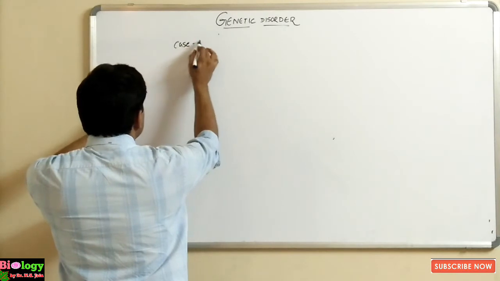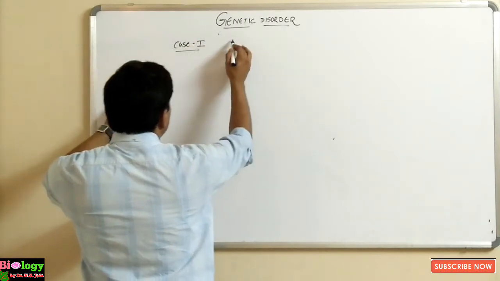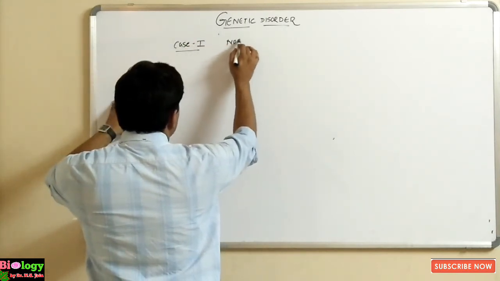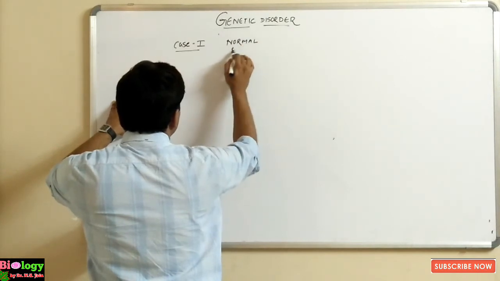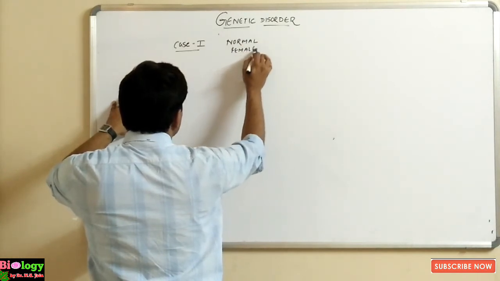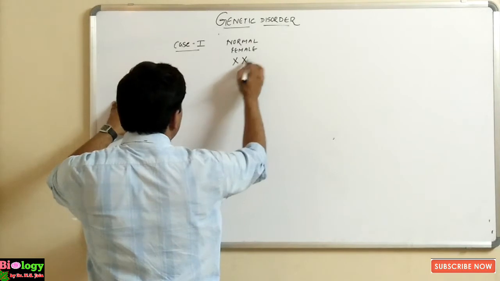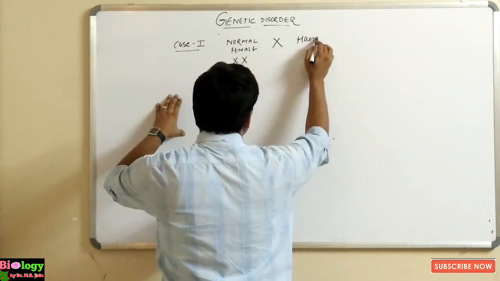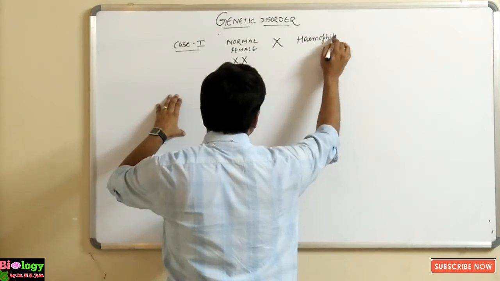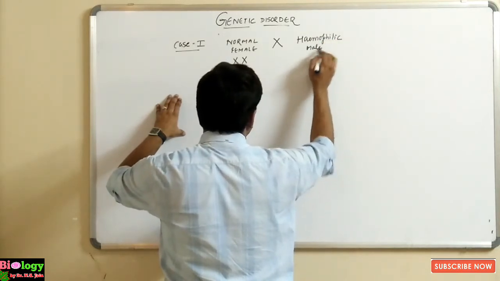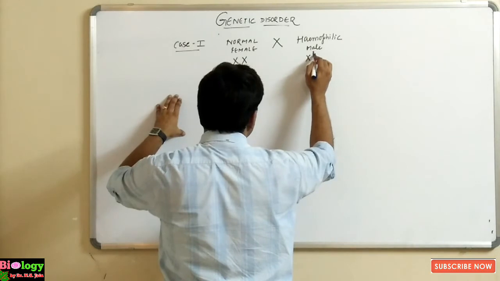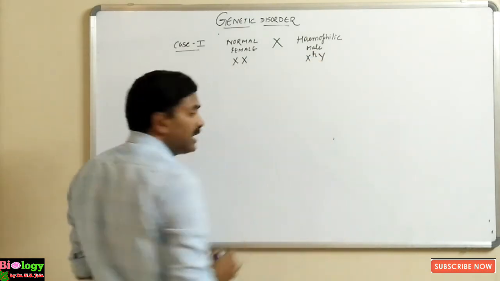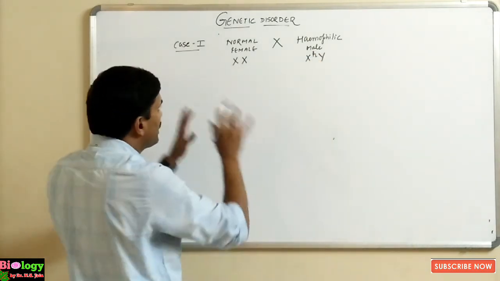Case number one: a normal female with the genetic constitution XX marries a hemophilic male with the genetic constitution XHY. What will be the condition in the next generation?